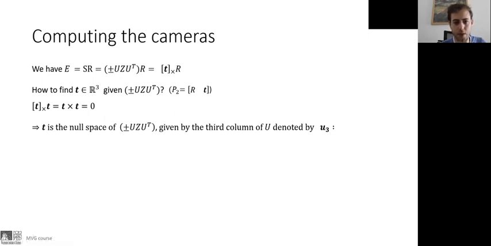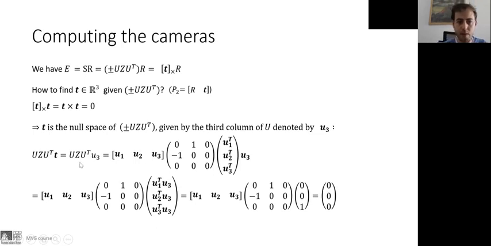And so it is easy to show that the null space is given by the third column of U, because we know the expression for this cross product matrix. So it's just U3. Let's see that. If you multiply this U Z U transpose, which is our cross product matrix, with U3, we get U Z U transpose U3. Then we multiply U transpose with U3, so we get U1 transpose U3, U2 transpose U3, and U3 transpose U3.